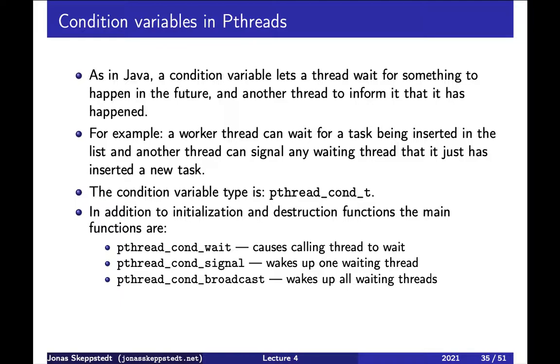So if one thread waits for a task to be inserted in a queue, for instance, it can use a condition variable to wait, and then another thread can wake up this waiting thread using signal or broadcast. So these correspond to notify and to notify all.